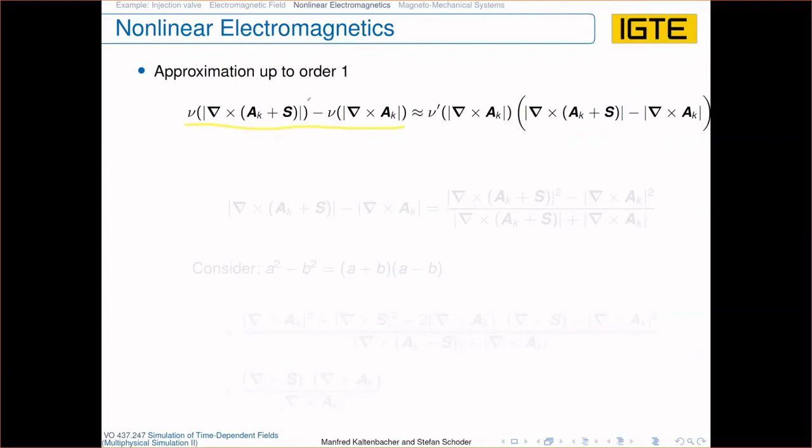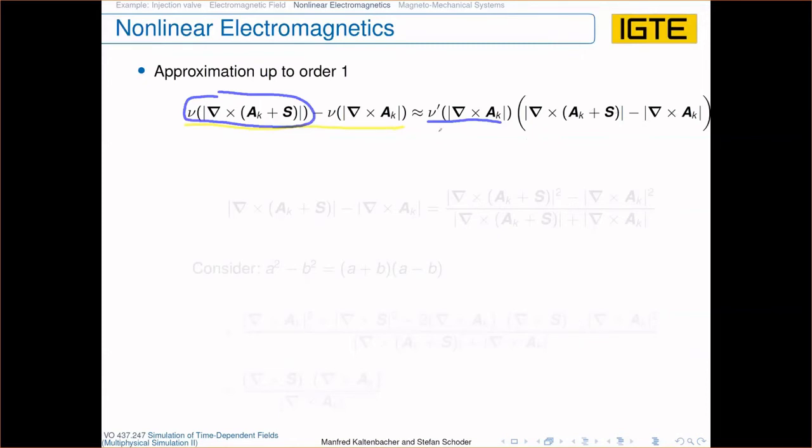Since we develop the first term into a Taylor series up to first order, and we subtract the value at the curl of AK, what remains is mu prime, as you know from a Taylor series, scaled by the increment. And the increment is clearly the curl of AK plus S minus the curl of AK.